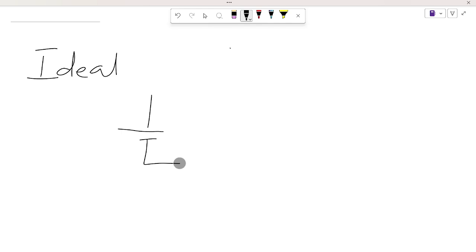So for the ideal voltage source, it maintains the same voltage across the source terminals no matter the currents drawn from the terminal. So if I should have a circuit, let's see, okay, so this is my voltage source.